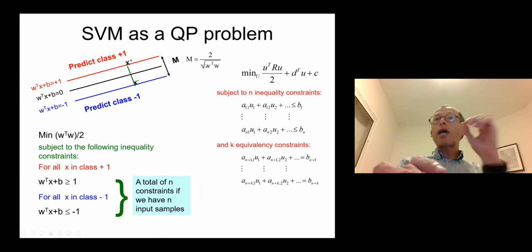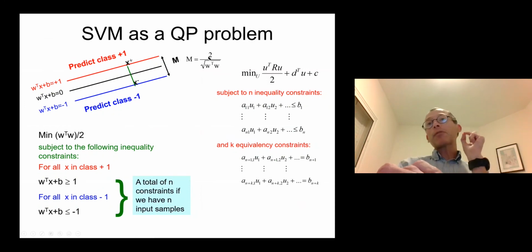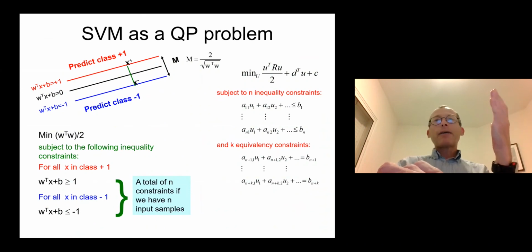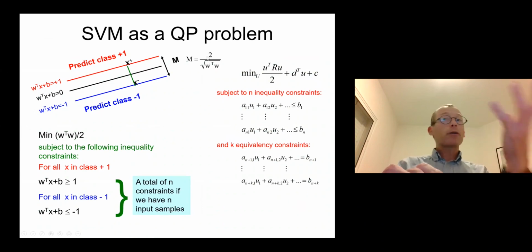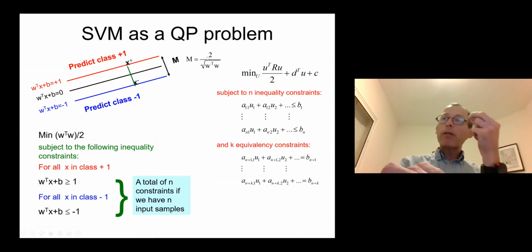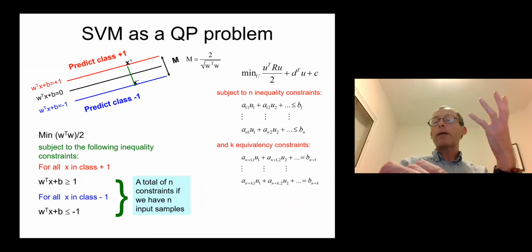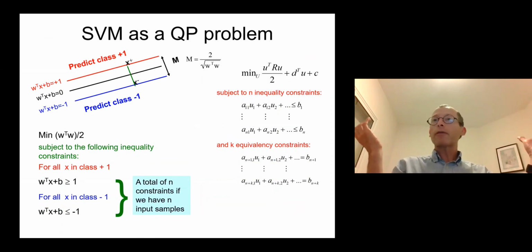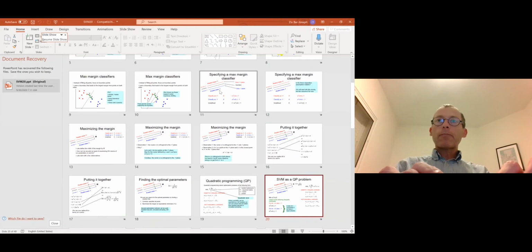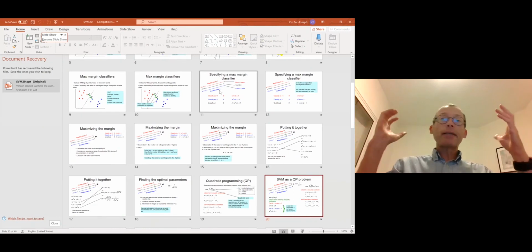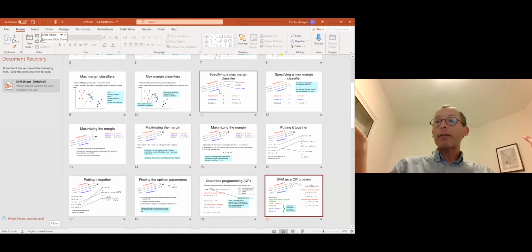When you change 1 to 2, this becomes 4. But it doesn't matter, because the W that will maximize 2 over this will also maximize 4 over this, or 16 over whatever. The important thing is that whatever value you select does not make a difference, which is good, because that's a completely arbitrary decision we made. If you have time, you can work it out and see that this is the case. But this is good news, because it means that we made an arbitrary decision, but it didn't affect the result that we got.